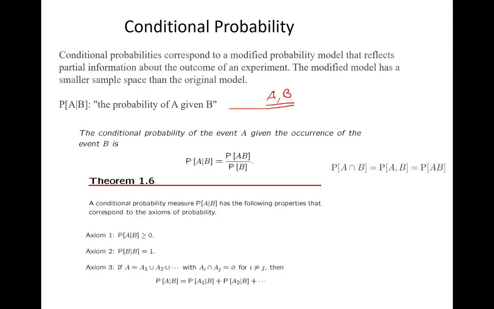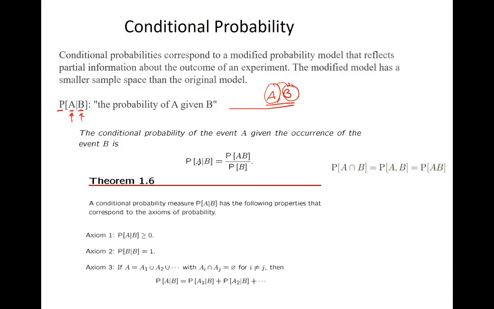So one of these events, let's say A, is dependent on the result of B. Okay, and this is how we read it. Probability of A given B. So what is the probability of A given that B? Simply, if I know the probability of B, then I can talk about probability of A. So probability of A, conditioned on probability of B actually.